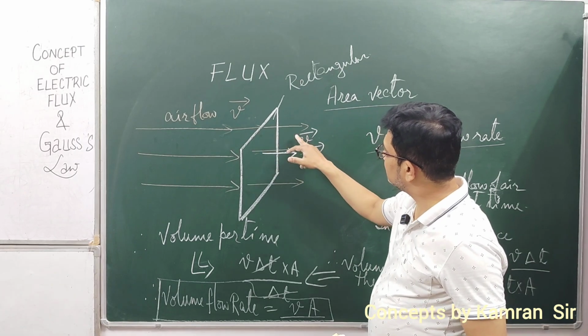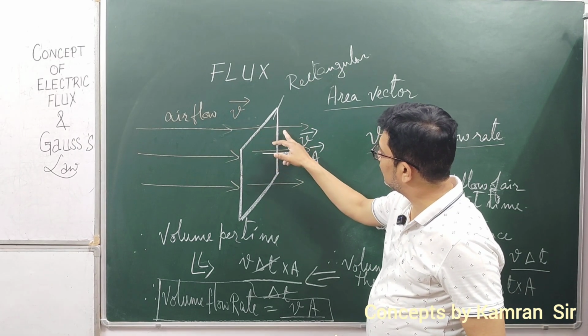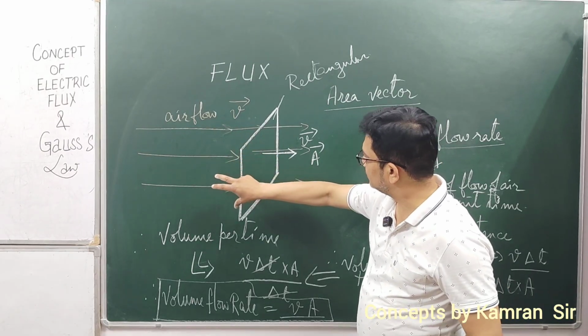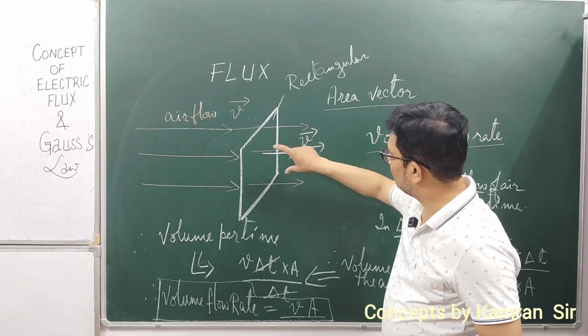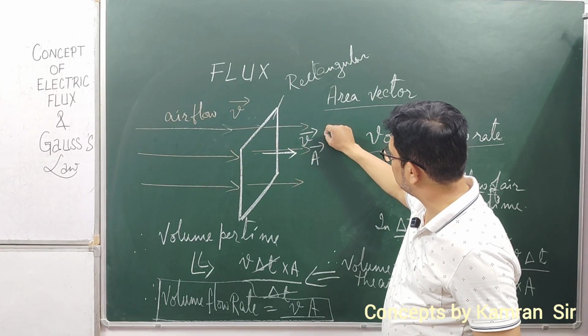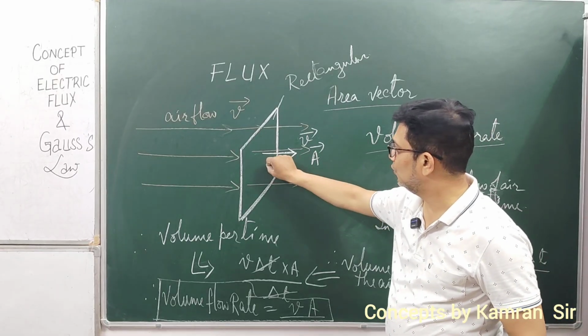So if it is passing through this loop, then what is the volume flow rate of this airflow? The equation that we want to find is volume flow rate equal to what, with the given velocity and the given area of the loop.